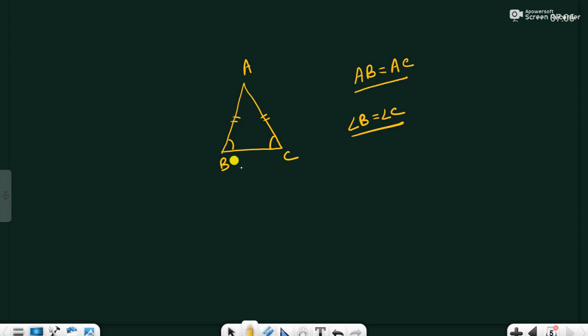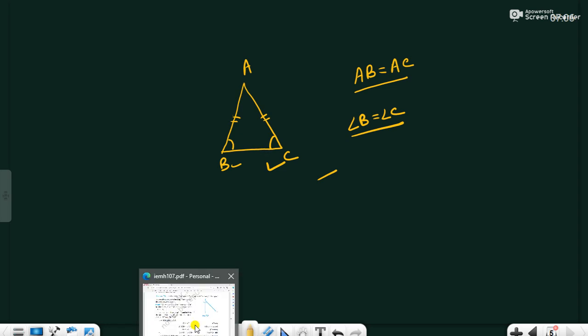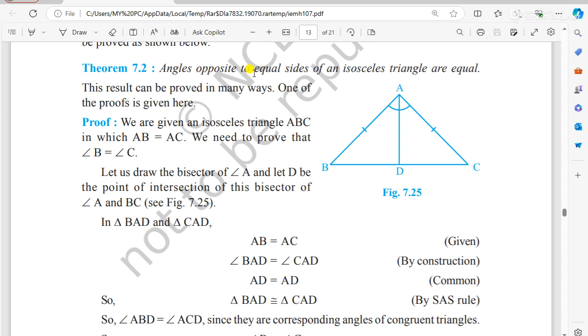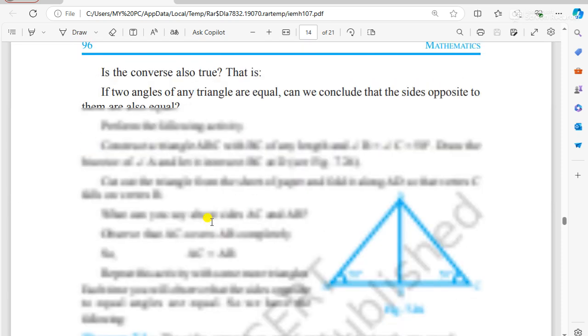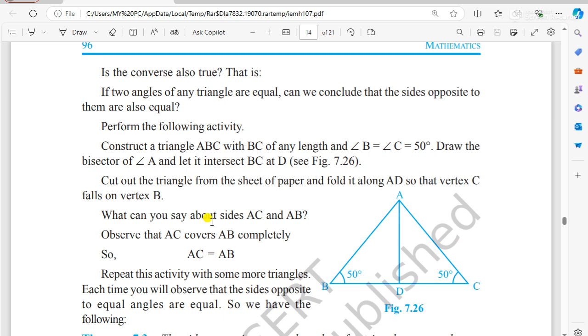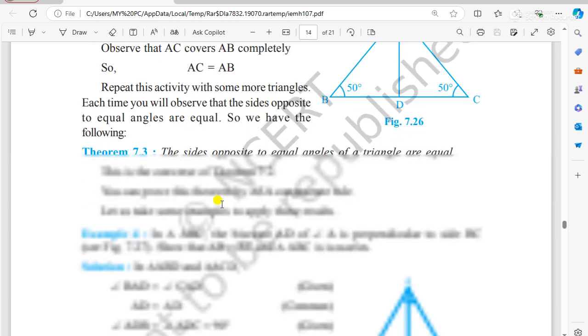That is, if AB equals AC, then angle B will be equal to angle C in an isosceles triangle. This is the axiom 7.2. Angles opposite to equal sides of an isosceles triangle are equal. We can prove this also, but today we are not going to prove this one. We are only recalling all these rules.